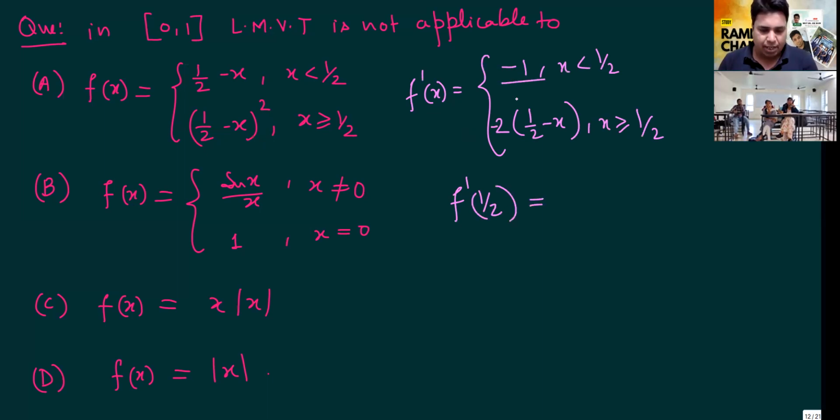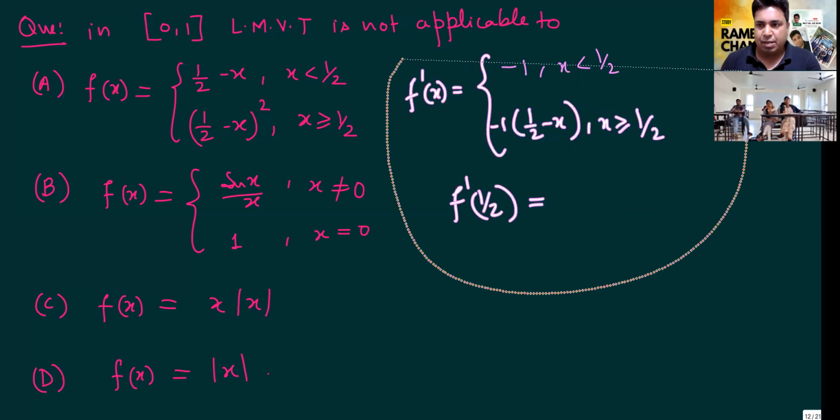For the left side this is minus 1, and for the right side, 2 times (1 by 2 minus x) to the power 1 into minus 1, it is coming out to be 0. You can see it is not differentiable. Is that clear? So will LMVT be applicable in this case? No, sir.